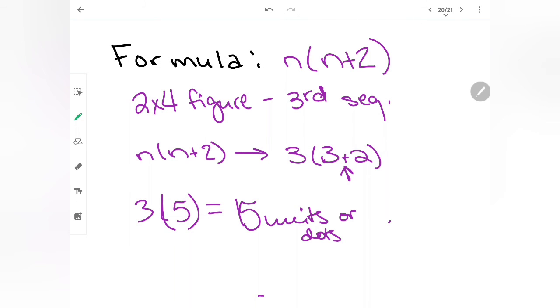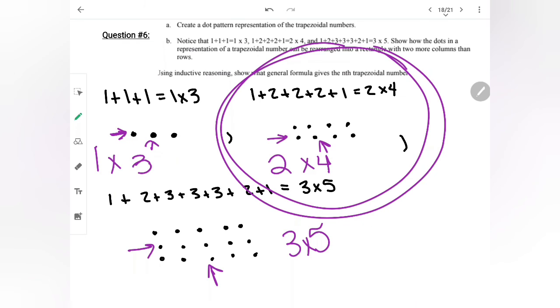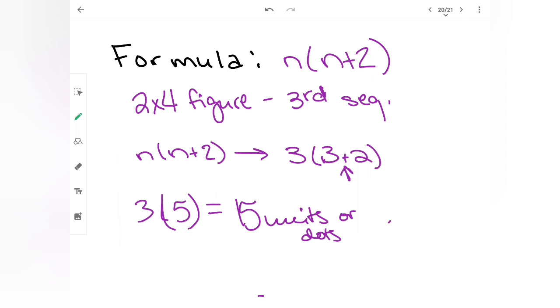Let's go back and check our work real quick. I'm sorry, I did the third sequence. I did not write down the right figure.